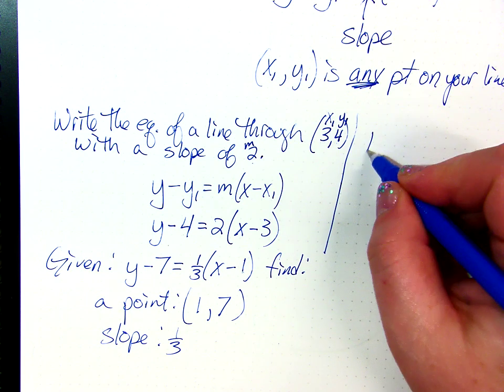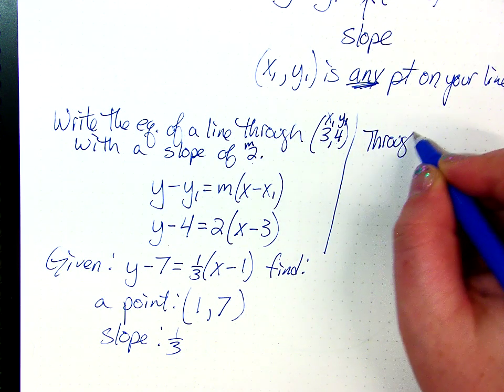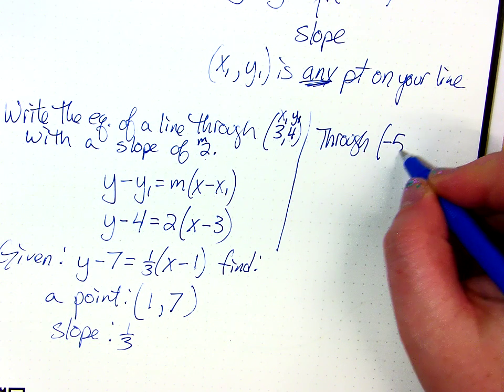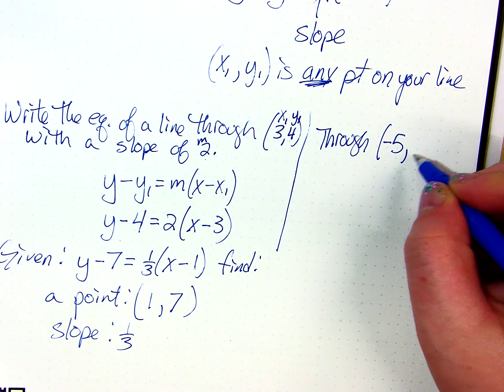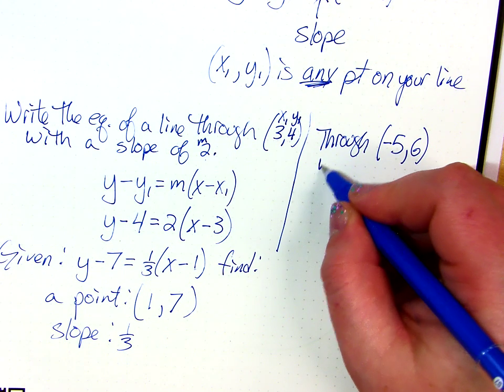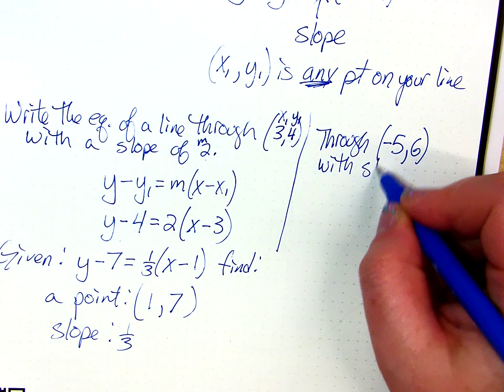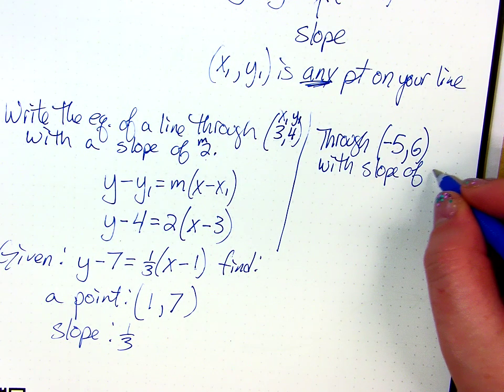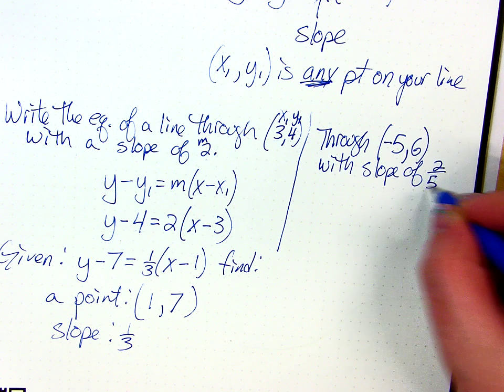So let's try it like I did up here. Let's say we went through the point, and let's pick a negative one now. So how about, I don't know, -5. Let's do one that's negative, one that's positive. -5, 6, with a slope of, doesn't even really matter, how about 2/5.